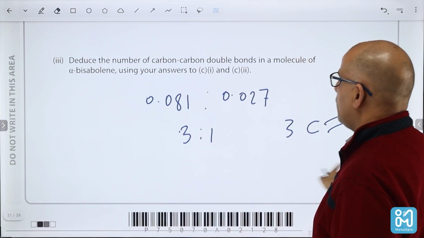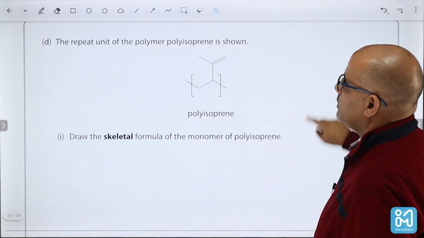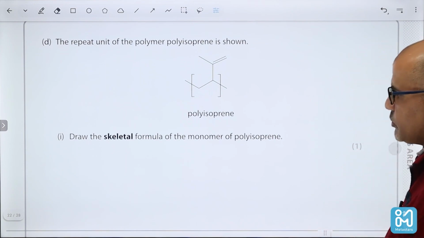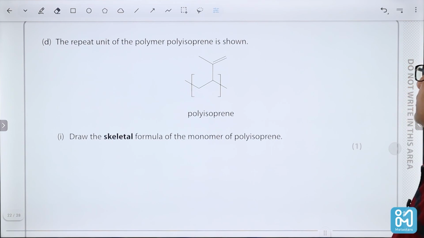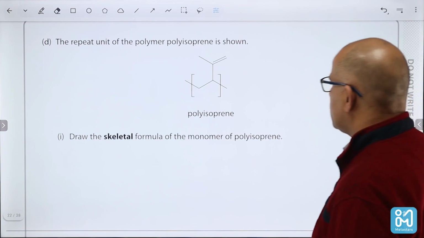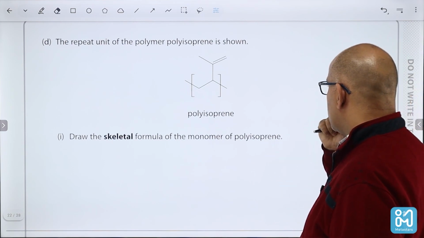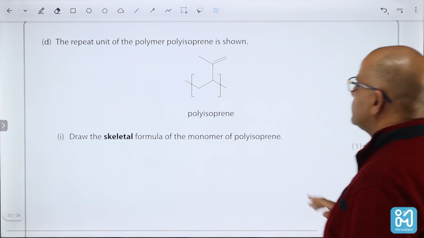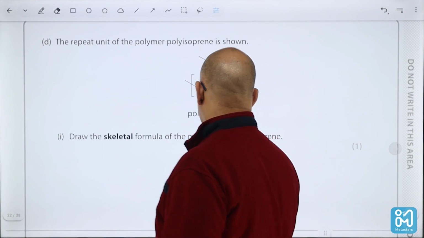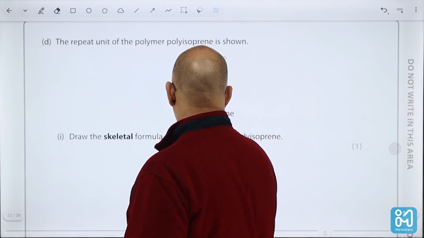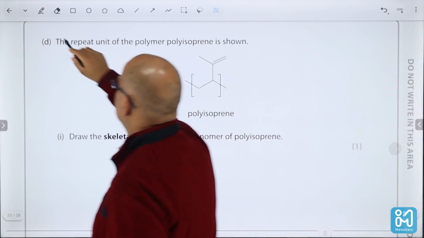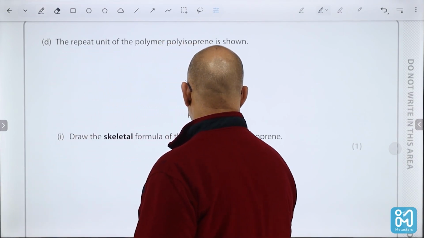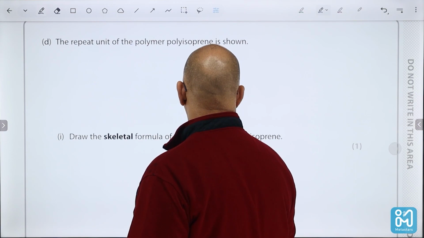And after that, the repeated unit of the polymer polyisoprene is shown. Draw the skeletal formula of the monomer of polyisoprene. It's very easy. Just remove these units, so it is like that.